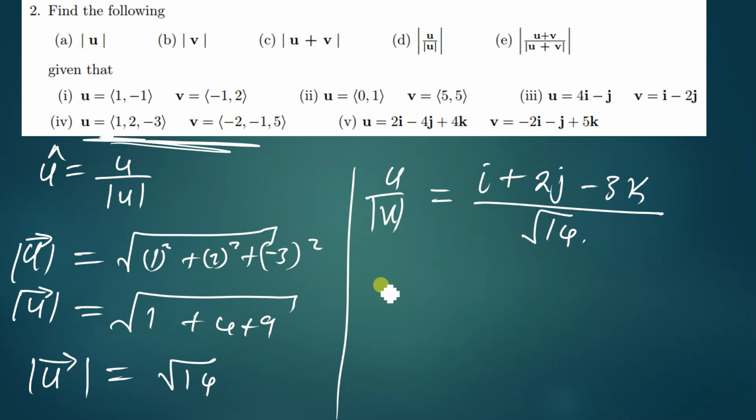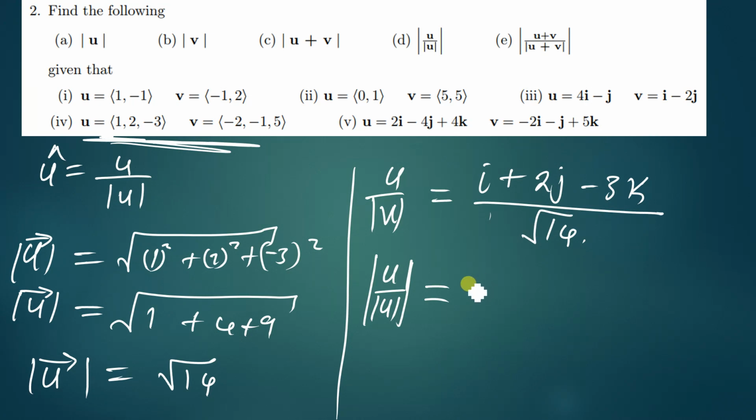So now, to find the absolute value of the magnitude of u, or the modulus value, we simply find the magnitude value of this vector. So we can split these components.